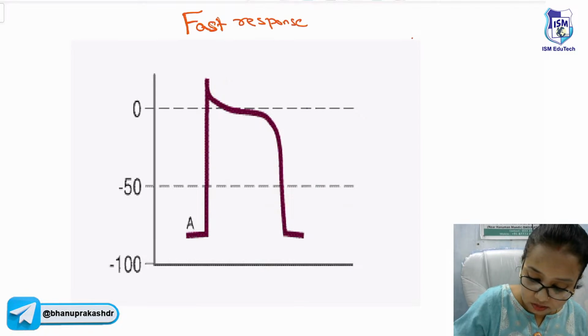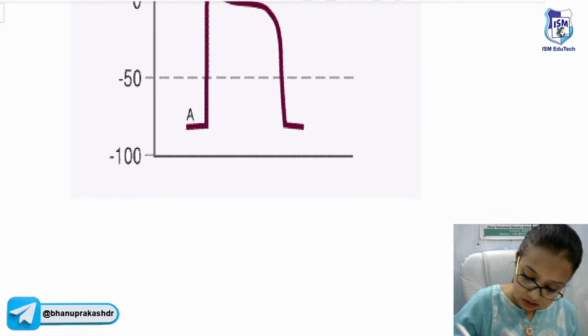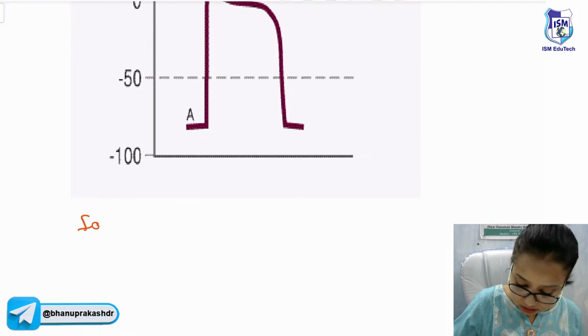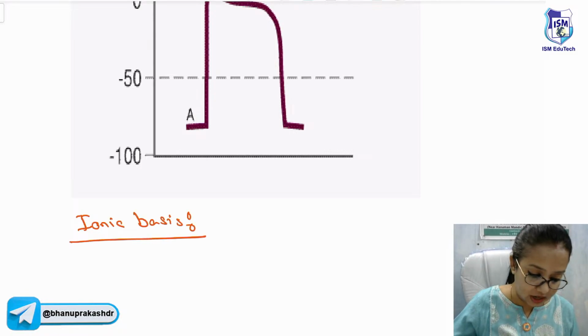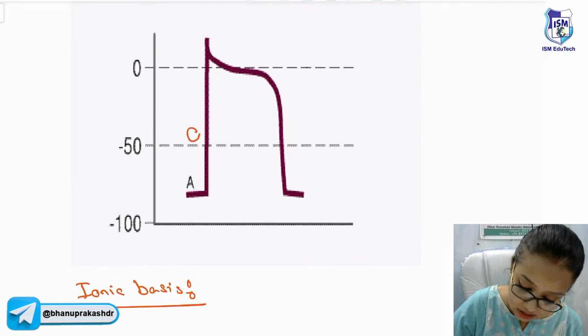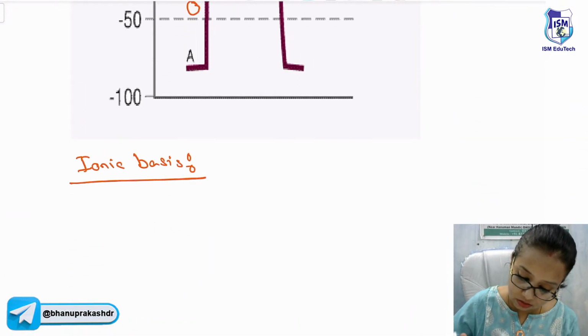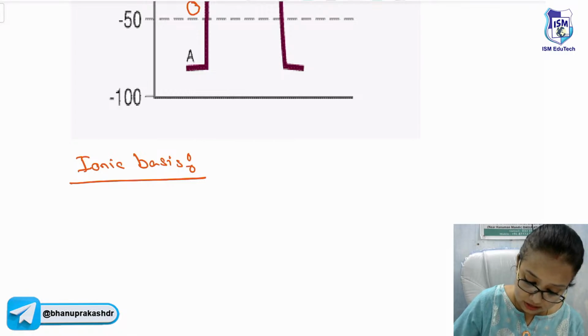Going by the ionic basis of the action potential, it starts with phase 0. As we have studied here, see the 0 phase.